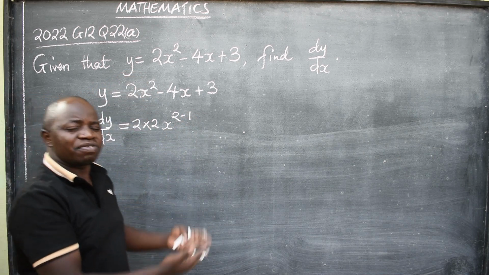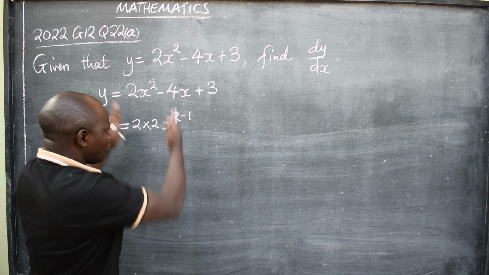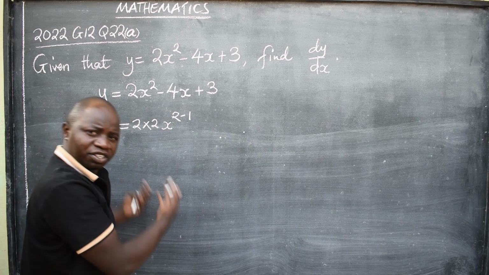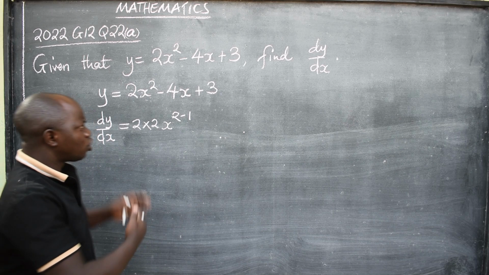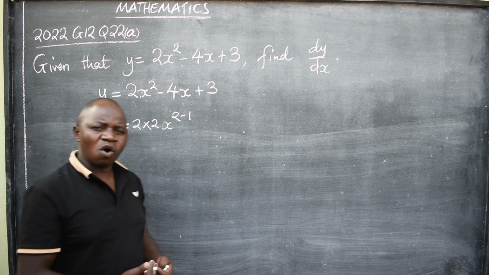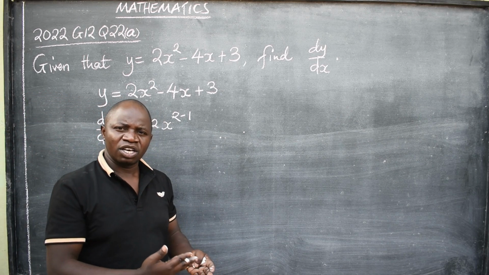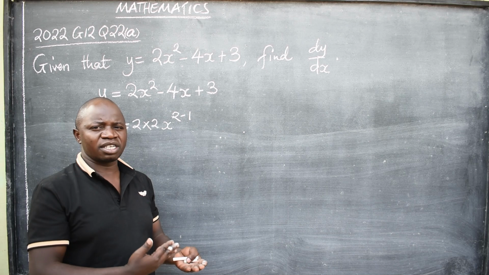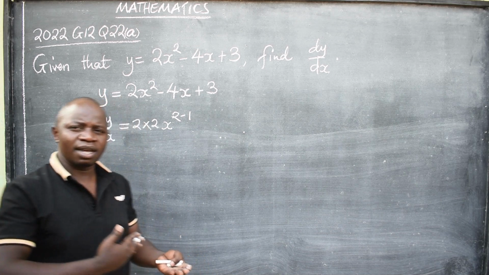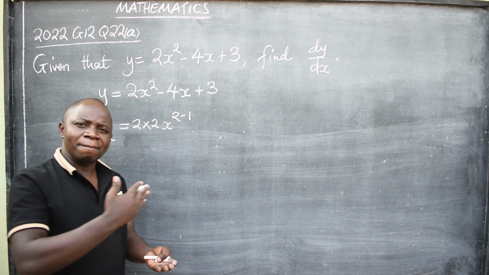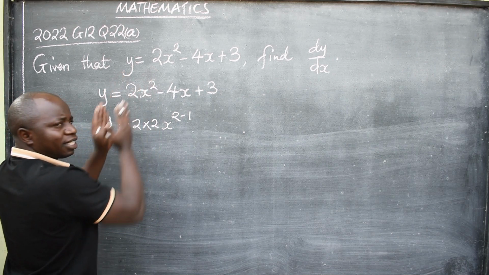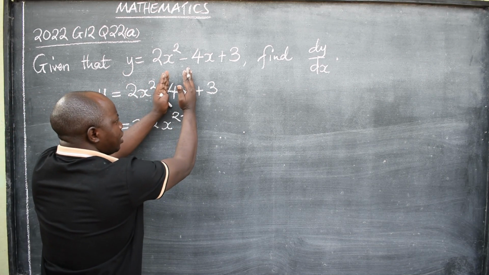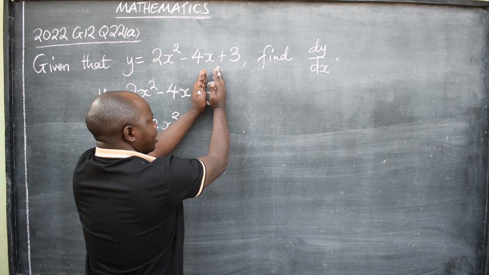When you are differentiating, to find dy/dx, it means you differentiate. When you are differentiating or integrating, you should differentiate or integrate term by term. So we are differentiating this alone, then we come to this, then to this.